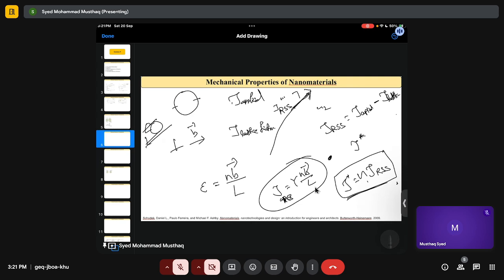So that dislocation motion is given by the resolved shear stress, and that is equal to n times tau, and that n times tau will give you the critical stress that needs to develop in a second grain for them to move, right? So this is one relation, and again the same resolved shear stress.